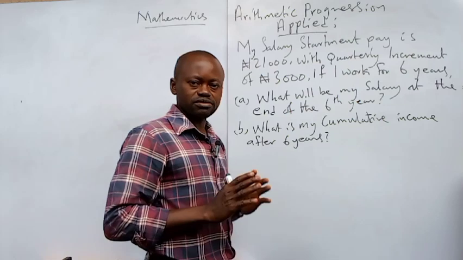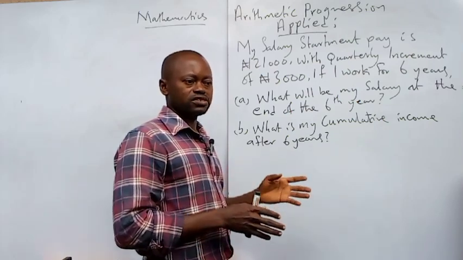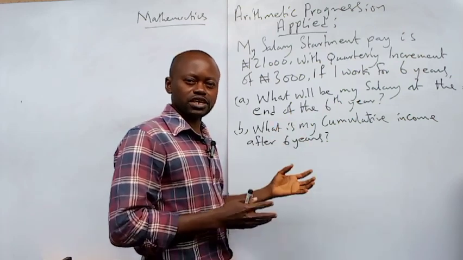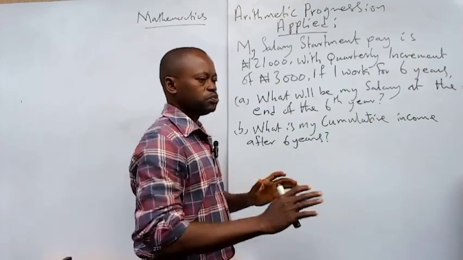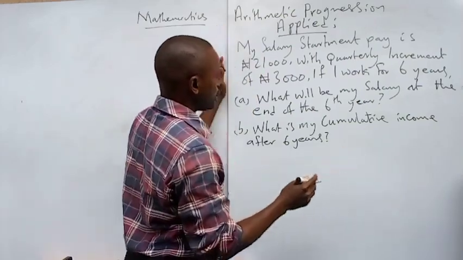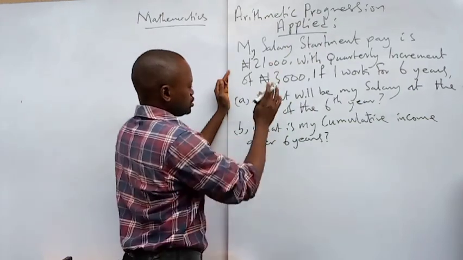We just concluded arithmetic progression, and I'm perceiving maybe that's the reason why the person thought we can use the arithmetic progression concept to explain this. This is typical of arithmetic progression, because this person has a statement pay of 21,000 naira.